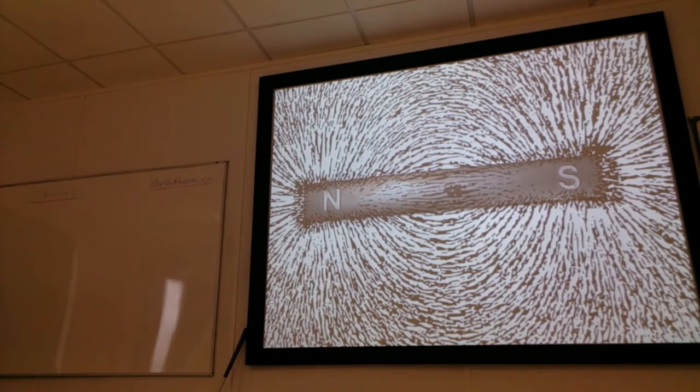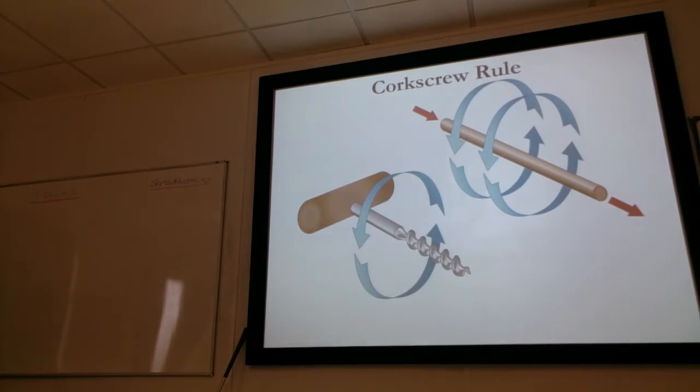The more current you put through it, the more power there is in the magnet, the magnetic flux increases. Now, the current flows through a conductor in direction of travel following the corkscrew rule. So basically, if I've got current flowing through this conductor, the magnetic field is coming around it in a corkscrew fashion in the direction of travel.